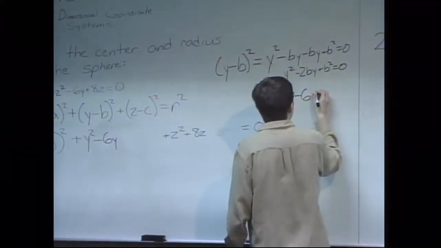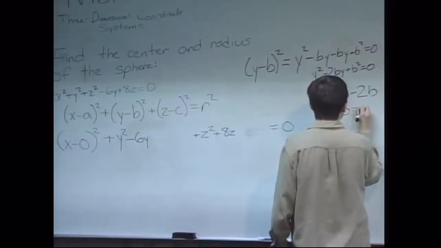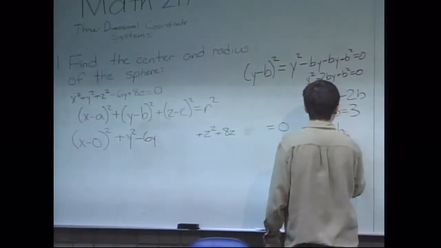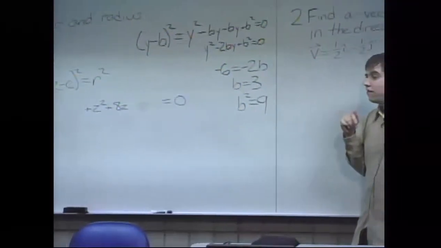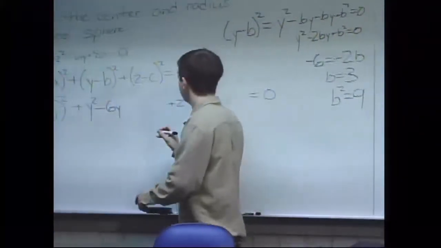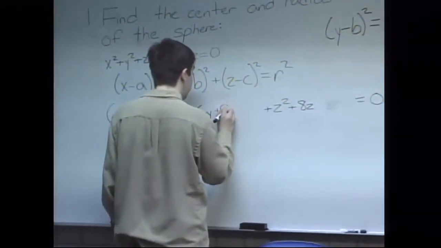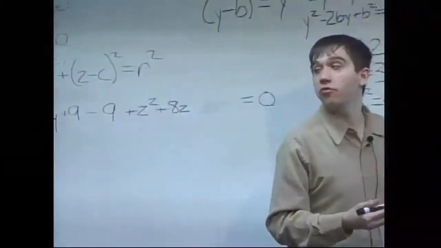Negative 6 is equal to minus 2b. b is equal to 3. So we're going to need a plus 9 in there somehow. And the easiest way to do this is just to add 9 and then subtract it.